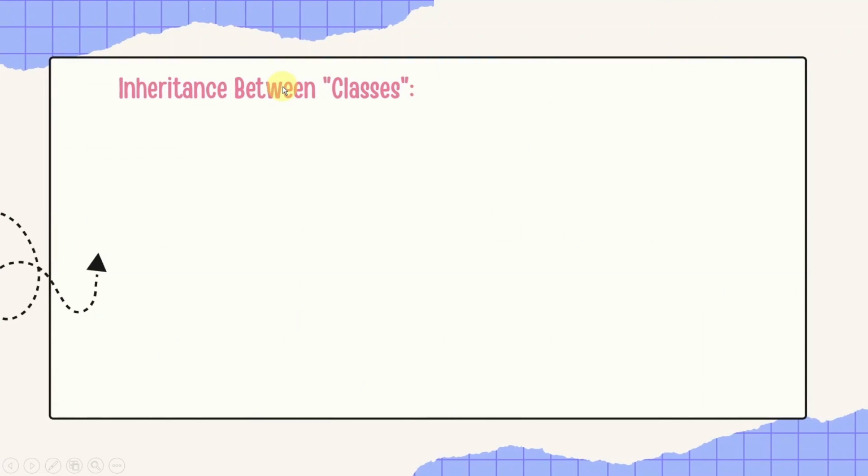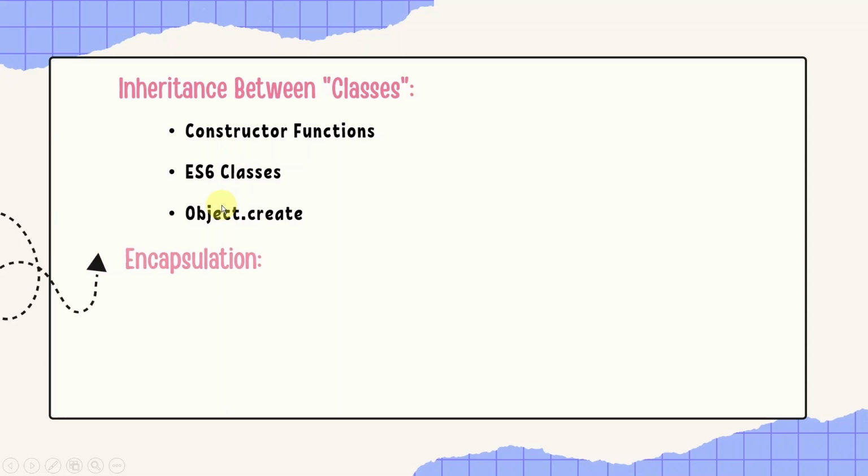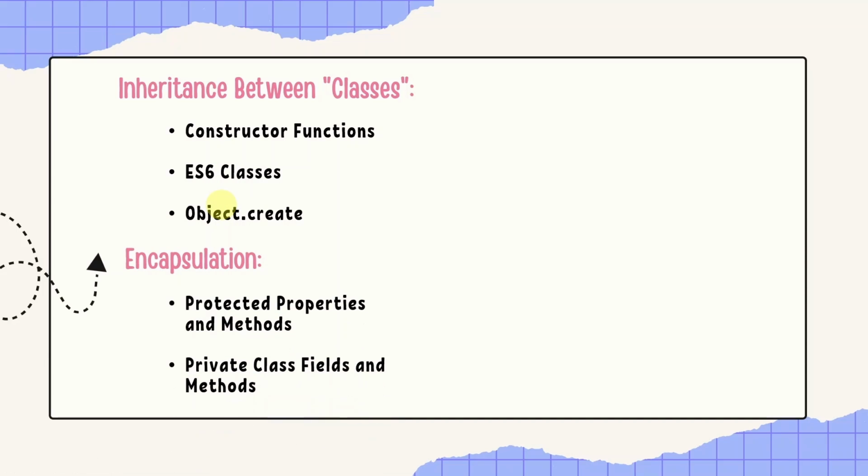Then inheritance between classes: between constructor functions, between ES6 classes, between classes using Object.create. You should learn inheritance. There are many others, but learning this much is enough. Then encapsulation you should learn. In that you should learn protected methods, private methods and everything.